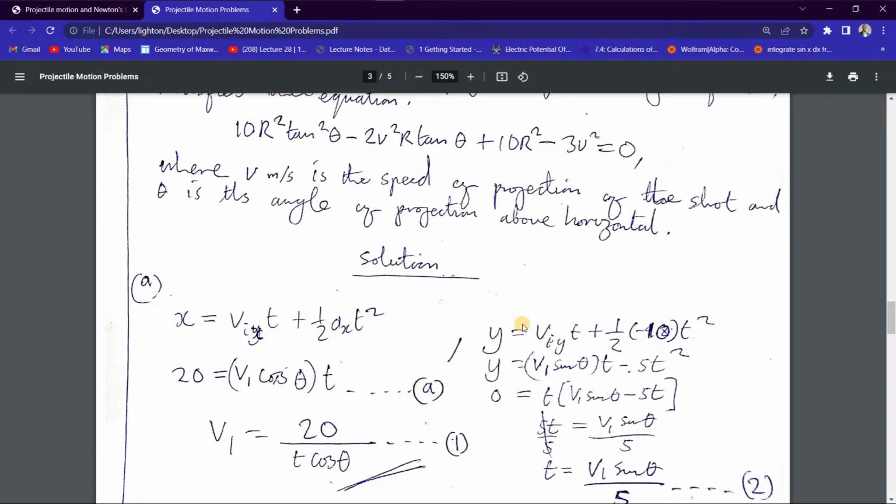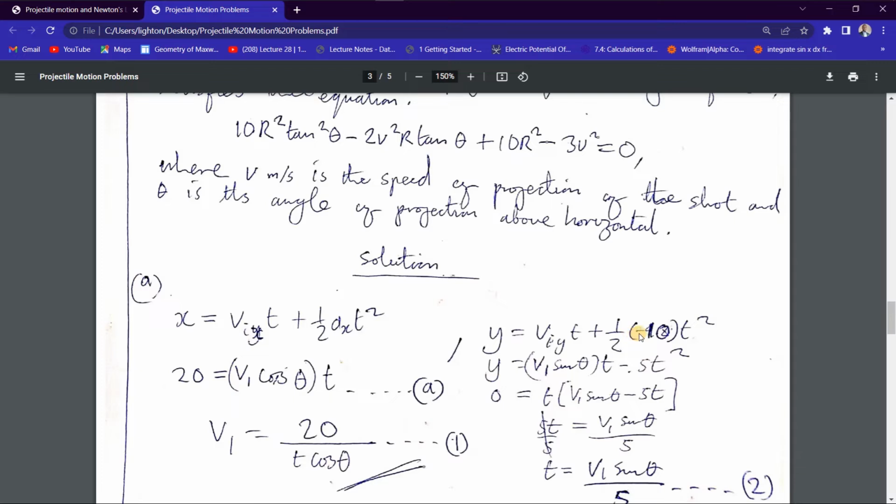Now let's go to the y component of displacement, which is just y equals Viy t plus half a t squared. Acceleration this time is just gravity, which we've been told to take as 10 meters per second squared, which is what I've written here as minus 10 t squared.